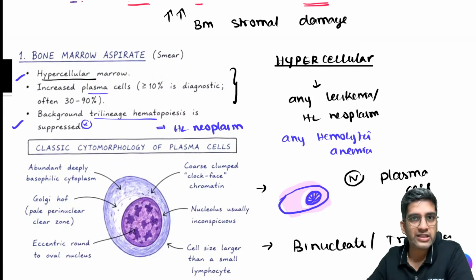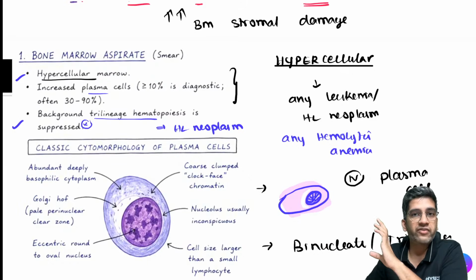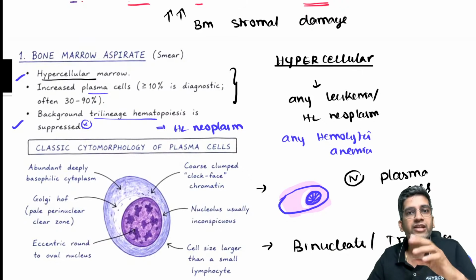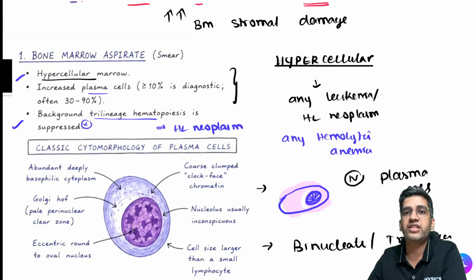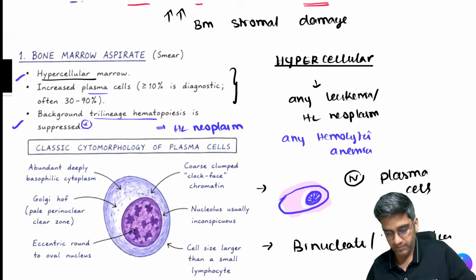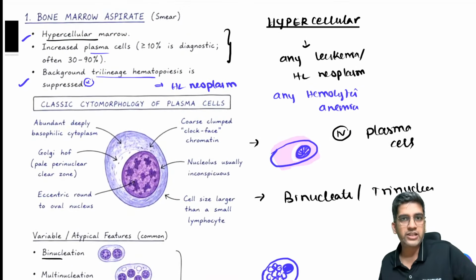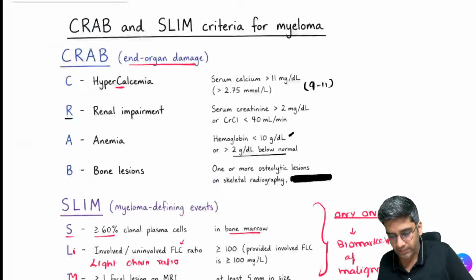The number I'm giving is arbitrary, but it starts here, it stays here, it fills here, then only comes to the peripheral blood. This is true for every hematolymphoid neoplasm which originates from the bone marrow. So even if the CBC is normal, bone marrow will be hypercellular because that's where the neoplasm starts. Only when it fills there, it comes outside and reflects in the CBC. Fine? Done. Perfect. So this is the answer for the second subdivision, the cytomorphological features of multiple myeloma.